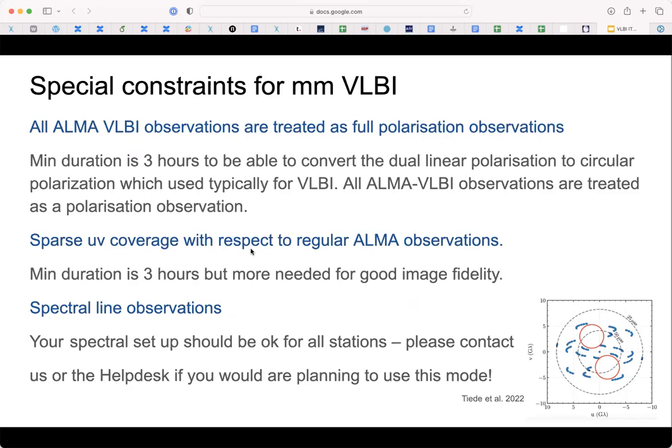It's a mode that's just recently been introduced, and we'd like to see more of it in our science, especially on these long baselines. There's a lot of discovery space there. However, because it's also new, if you are thinking to do it, I would recommend that you contact us via the help desk, and we will help you with the spectral tunings of the other stations, to check that things are possible and they can be tuned.